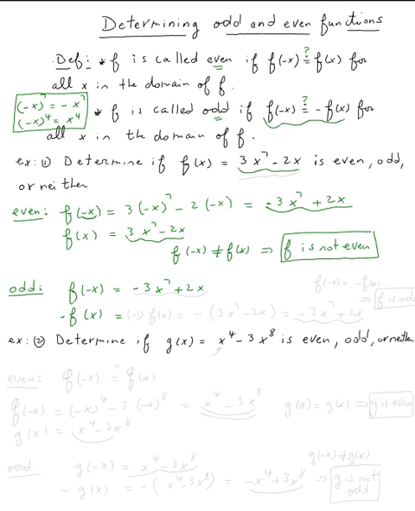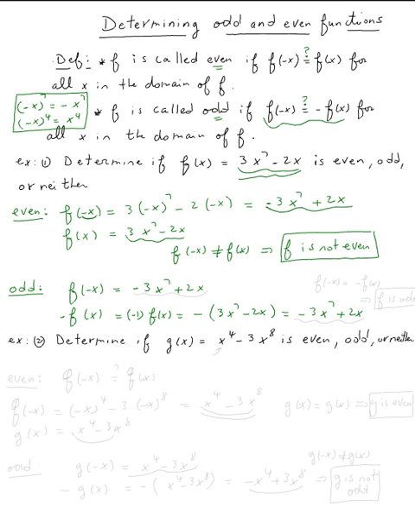Now what is minus f of x? Minus f of x means negative 1 times f of x. In other words, it's like multiplying your function by negative 1. My function is right here, so it's 3x^7 minus 2x. If you multiply it by negative 1, you distribute, you get minus 3x^7, minus becomes plus 2x.